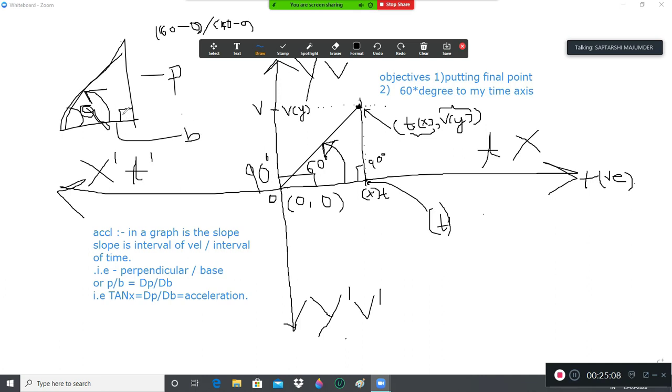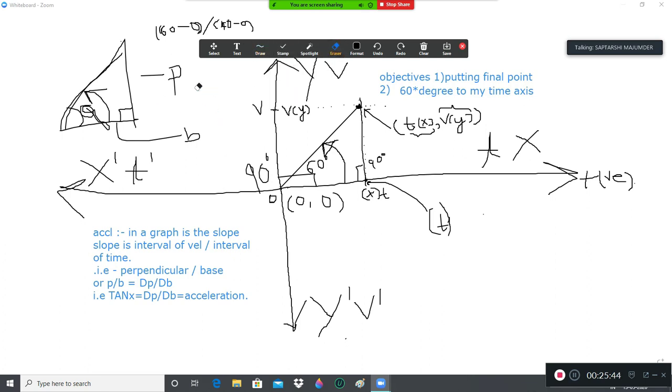If two lines intersect each other and make 90 degrees here, then obviously the angle theta will be this one, not that one. If I am considering this one as theta, then the perpendicular will be opposite to it. So this angle's opposite is this one. So I am considering this one as perpendicular and this one as base.